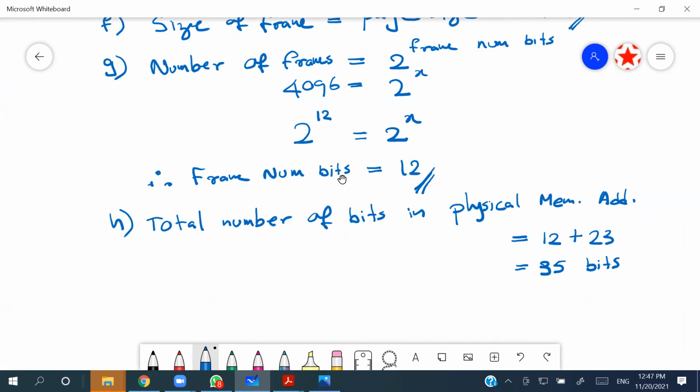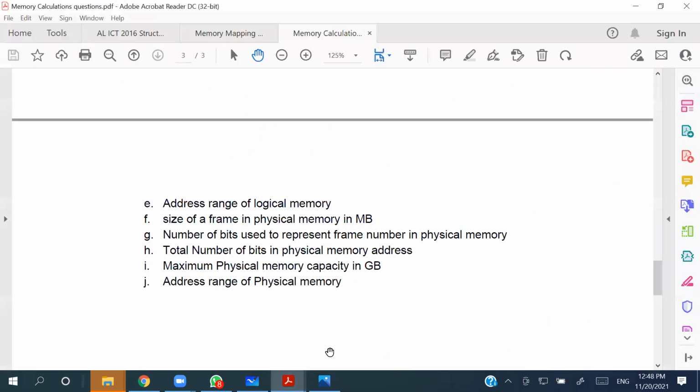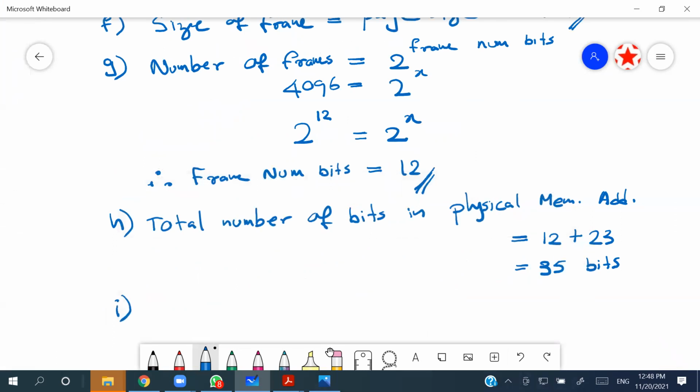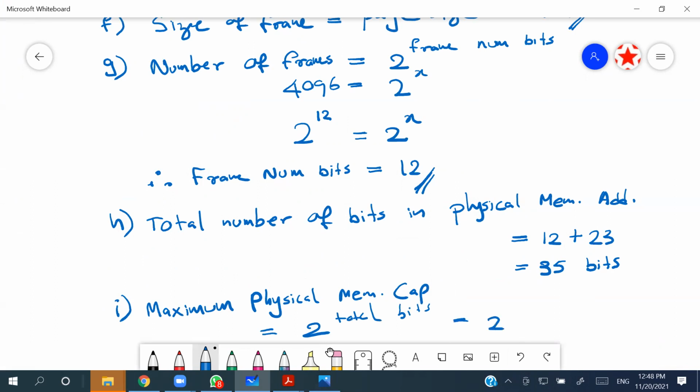Right. Then they are asking maximum physical memory capacity. So maximum physical memory capacity equals 2 to the power total bits, so that means 2 to the power 35, and the answer is going to be there from bits, right?